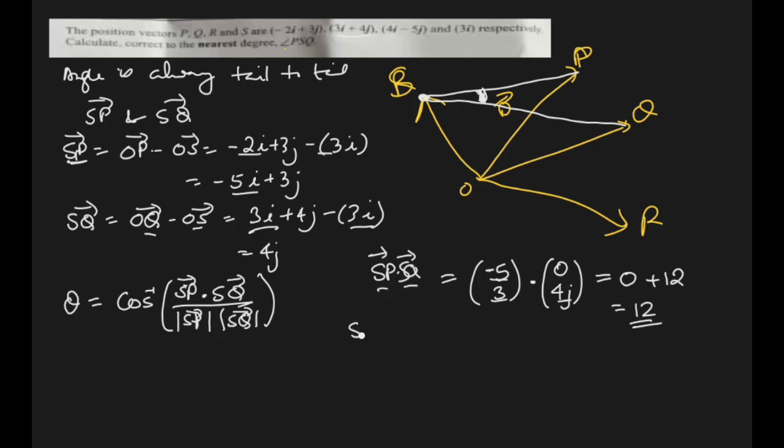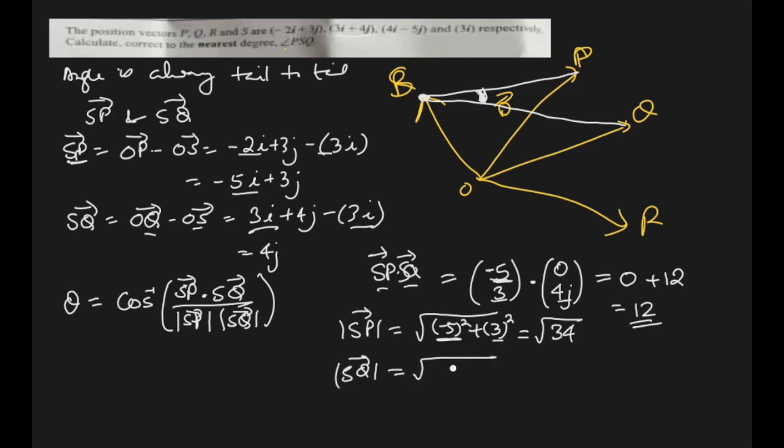Now we have to find the magnitude of SP, which will be the square root of minus 5 squared plus 3 squared, and that comes out to be 25 plus 9, 34. The magnitude of SQ is the square root of 4 squared only, so 4.